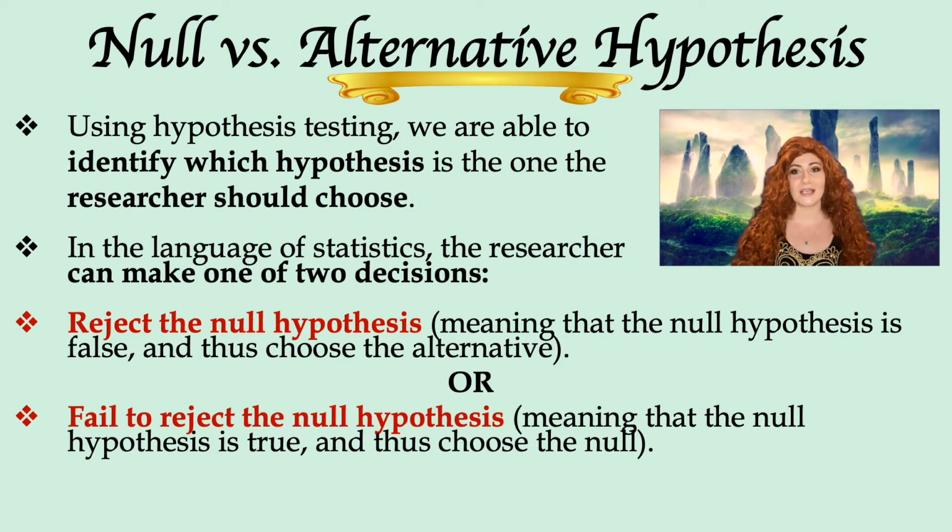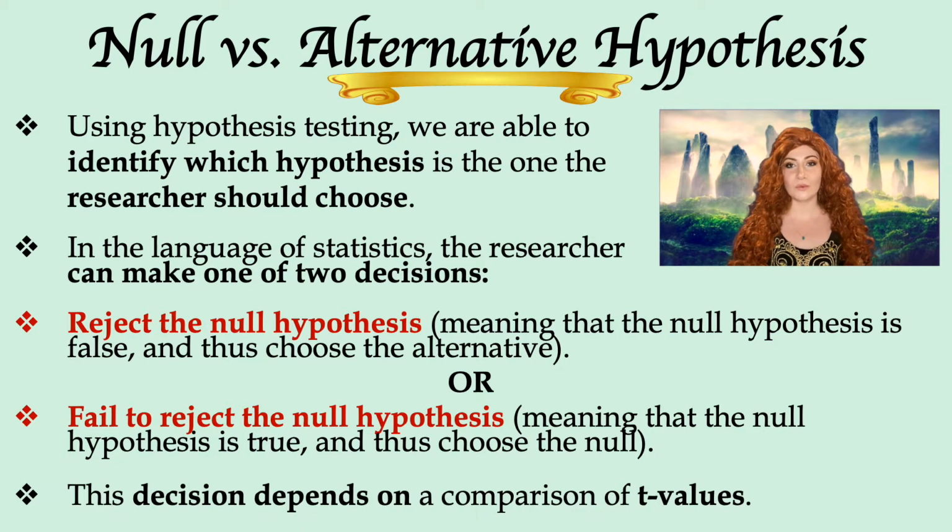So instead of saying accepting the alternative, you have to say fail to reject the null. So one more time, the two options for a decision that you have, first is to reject the null, the second is to fail to reject the null. So how do we make this decision? Well, this decision depends on a statistical mathematical analysis that comes about when we calculate the t-score or the t-value.